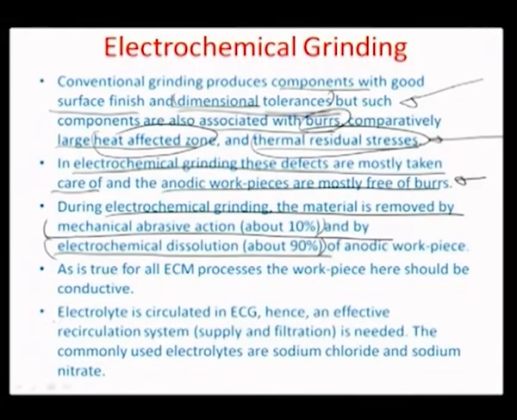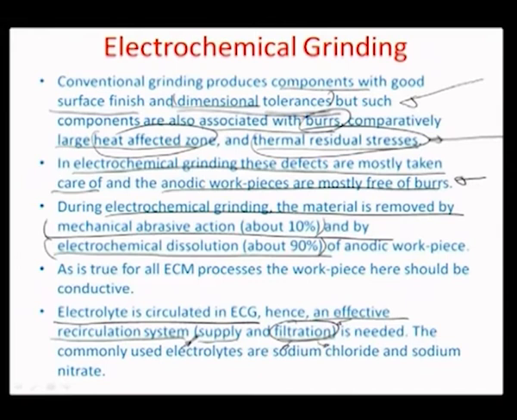So the electrolyte is circulated in an ECG process, and it has to have an effective recirculation system, which includes a flow supply of the electrolyte and also a flow filtration system, where whatever residue of the process comes out as dissolved electrolyte and the precipitate of machining has to be somehow taken away from the electrolyte for recirculating it back into the process.